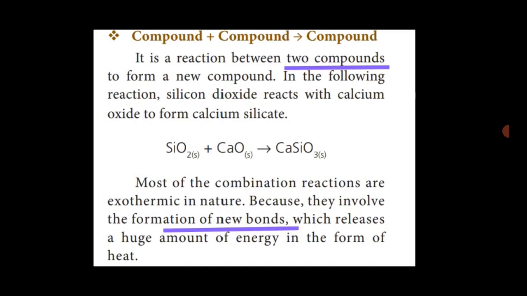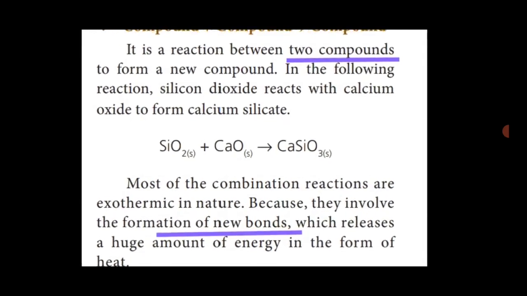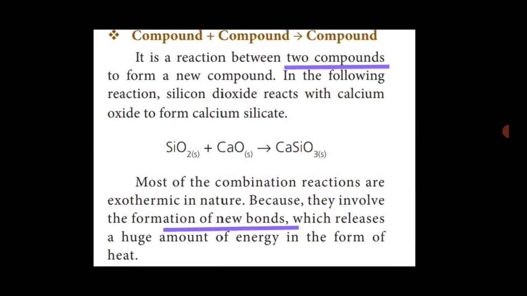The formation of a new bond means heat energy is released. All heat released reactions are called exothermic reactions, because the formation of new bonds releases a huge amount of energy in the form of heat.